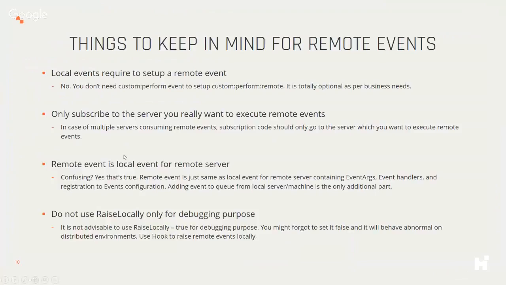And do not use raised locally except for debugging purposes. If you have only a single development environment where you don't have separate CM and CD, and you are adding that to the queue, and you don't have raised locally specified, that is false. In that case, the event will not get executed because raised locally is false.